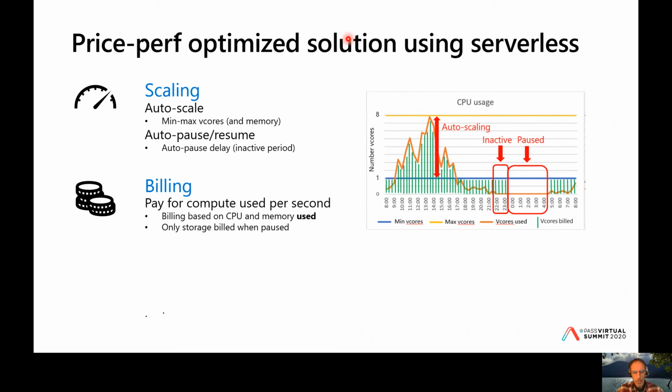Now, this billing picture is to be contrasted with the provisioned compute tier, where the costs are based on the amount of compute that's allocated, which is a customer choice, and independent of the usage of that compute. And the bill is run on an hourly basis.